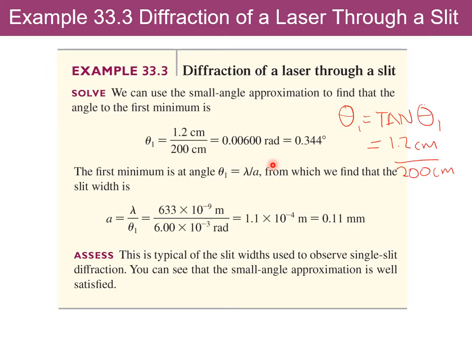Since the first minimum occurs at θ1 equals λ over a, we find that a, the slit width, is about 0.11 millimeters.